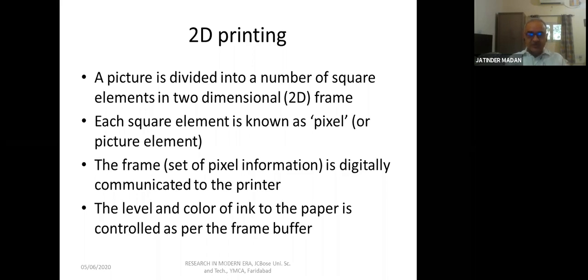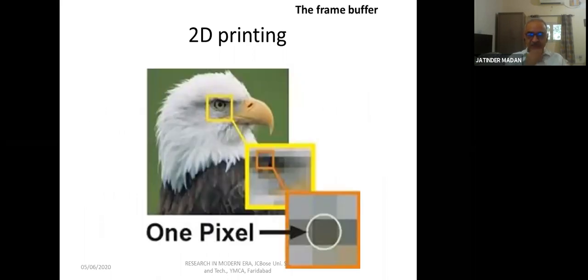We will see this with the help of an example. This is a picture, and this rectangle is the frame of the picture. Now, this picture has been divided into a number of small squares.